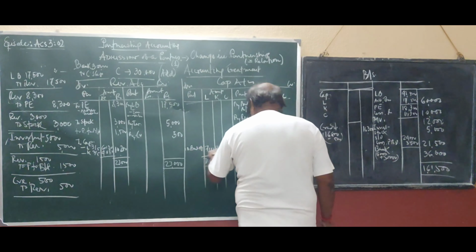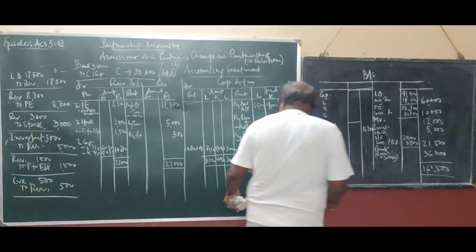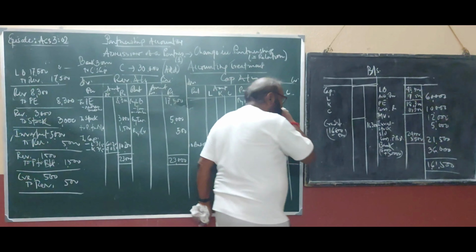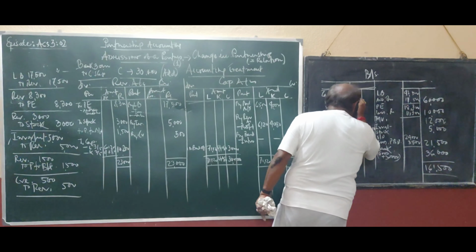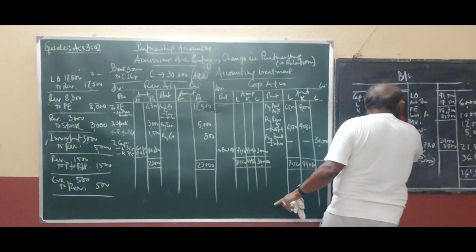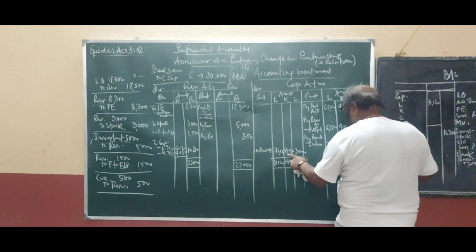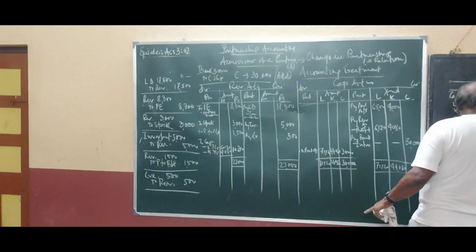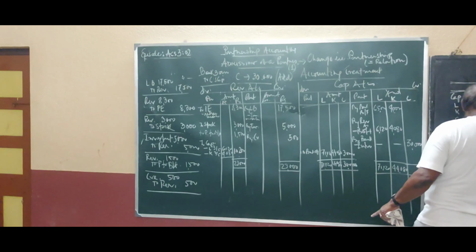And the capital account, I think it is 70,120. 71,120. Kite 40,080. And it is C.